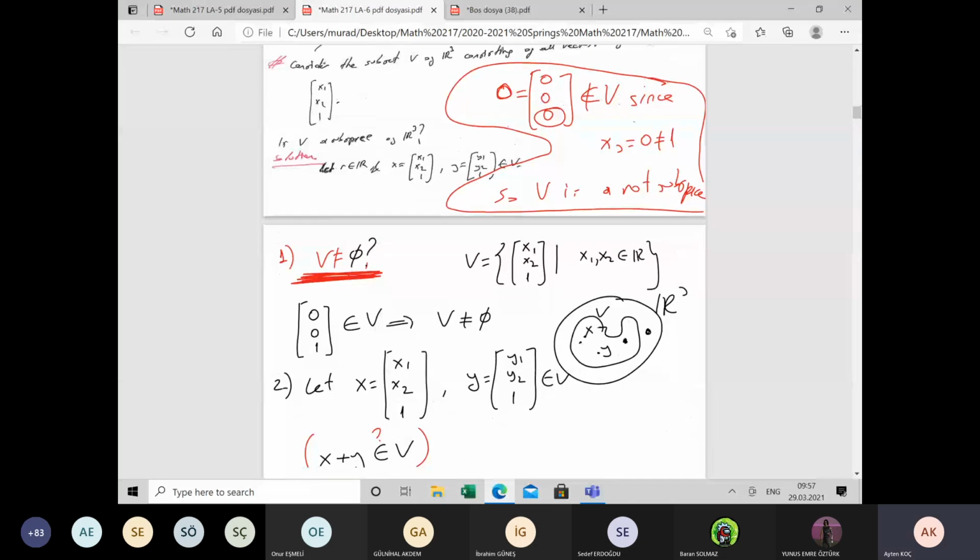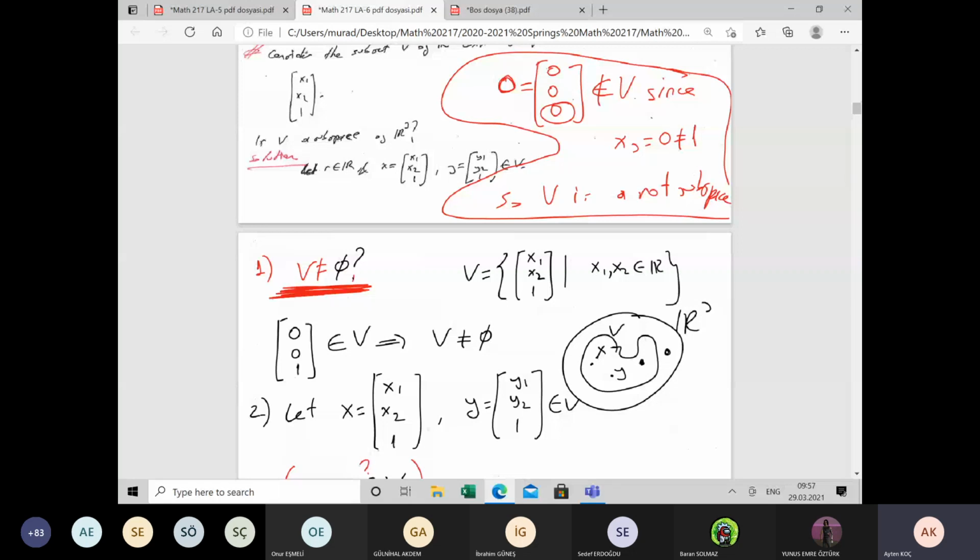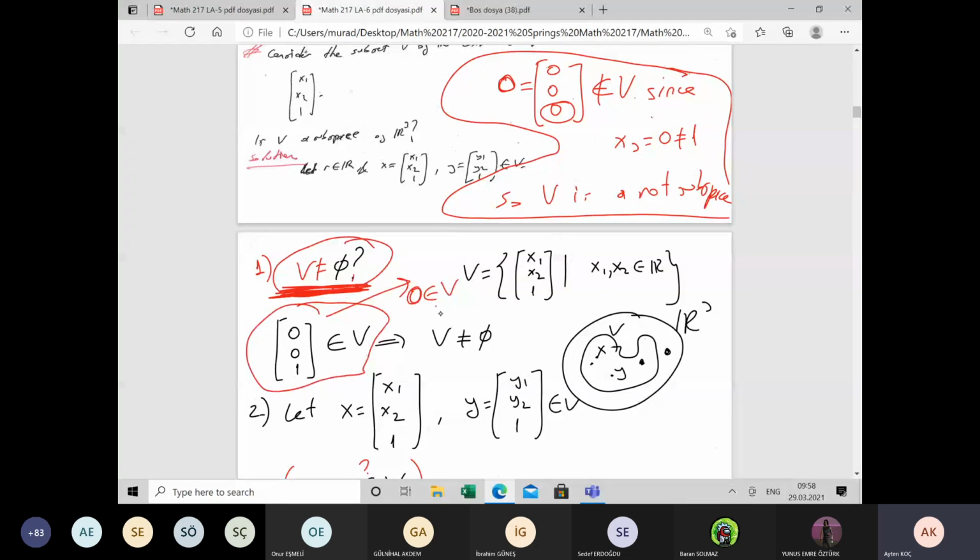So I think for every non-empty subset, it is better to choose the special vector 0. If 0 is in V, then V is not the empty set. But we have two cases. If 0 is not in V, we get the result that V is not a subspace. If 0 is in V, the first condition is satisfied.